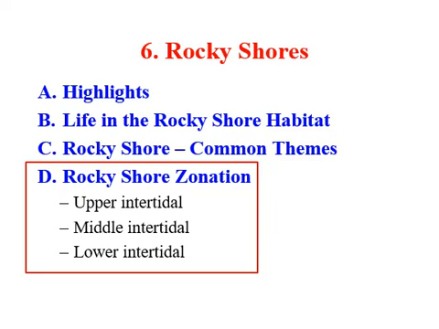And so all this information that's available for the rocky shore exceeds what's known about some other intertidal ecosystems. And especially in terms of zonation, this will be a good demonstration of what you see in a lot of intertidal ecosystems. So for the next lecture, that's what we're going to look at, is zonation in the rocky shore.